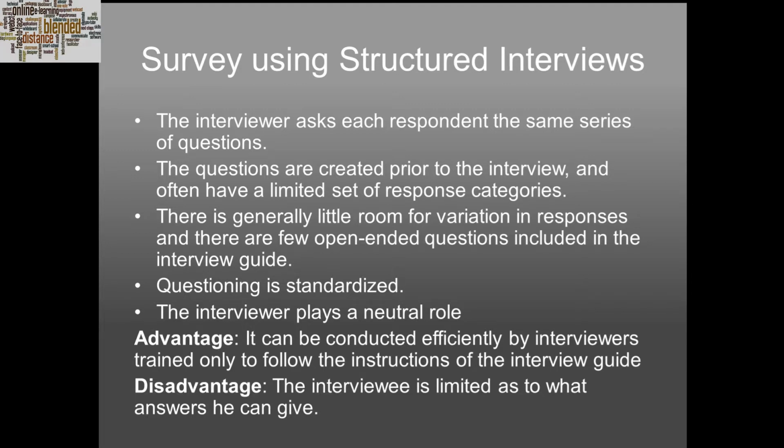In this standardized method, the interviewer plays a neutral role. Its advantage? It can be conducted efficiently by interviewers trained only to follow the instructions on the interview guide. Disadvantage: the interviewee is a bit limited as to what answers he can give.